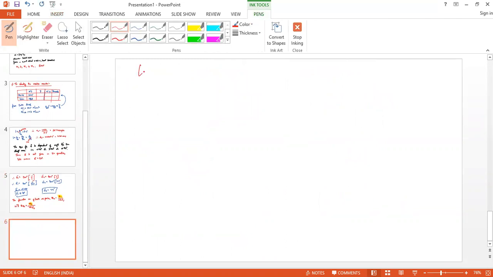Let's assume Z1 as 20. We are assuming the value of Z1 only to identify the weaker member.